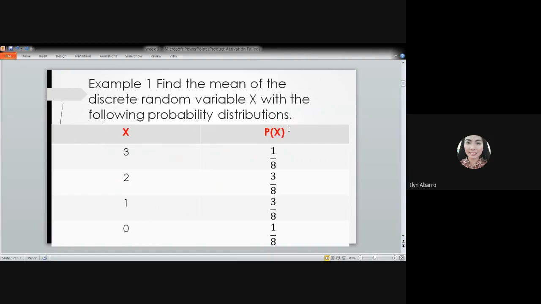And its probability is 1/8 for 3, for 2 is 3/8, 1 is 3/8, and 0 is 1/8. As you can see, this was already tackled in our past lesson. So, last week, alam niyo na kung paano siya kinukuha. Okay, so let us proceed. These are only given. So let us now compute for the mean.